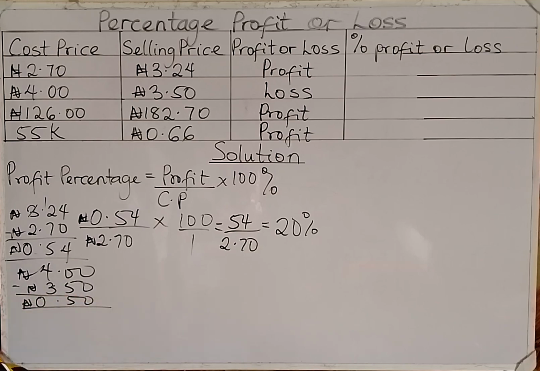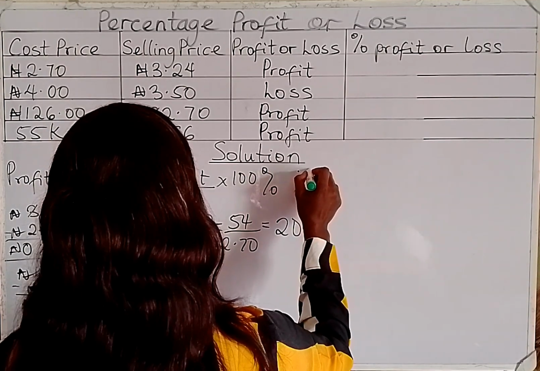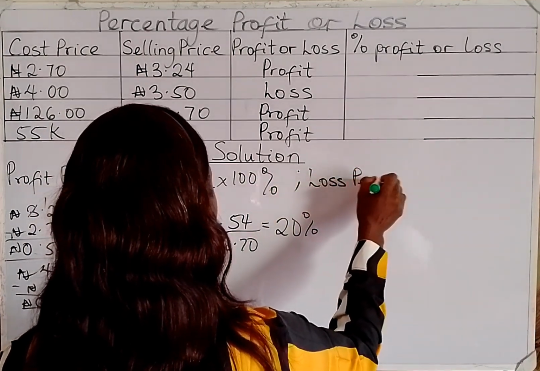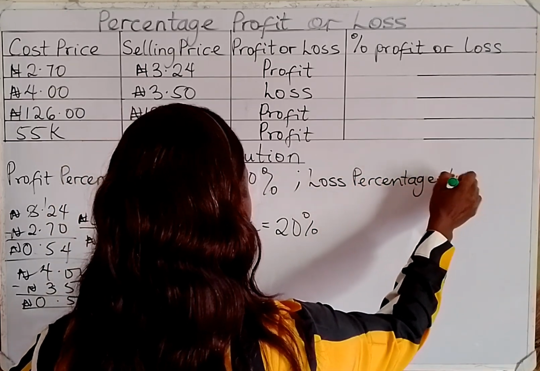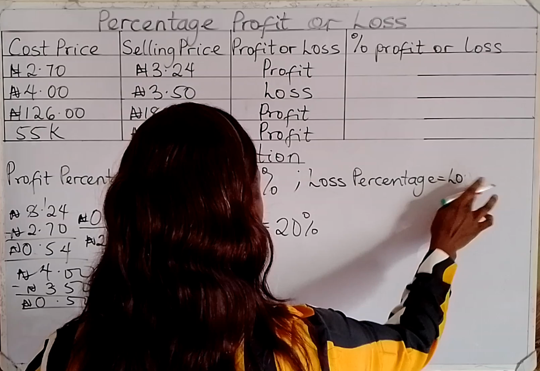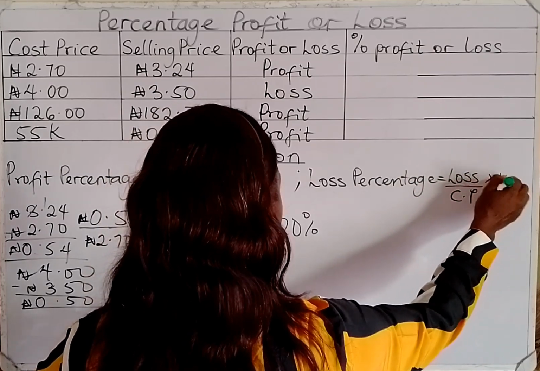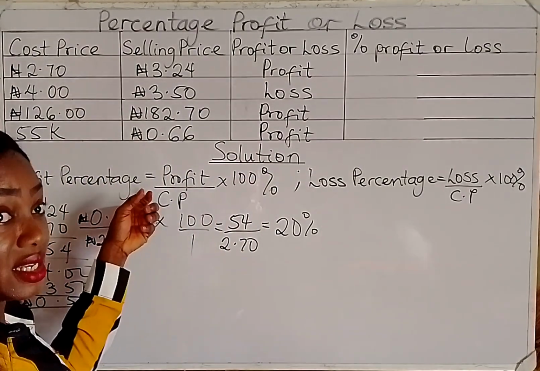So the person is at a loss of 50 kobo, and loss percentage equals loss over the cost price times 100%. It's the same thing as the percentage profit.